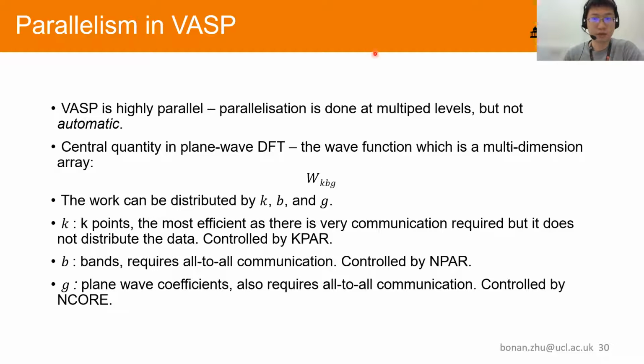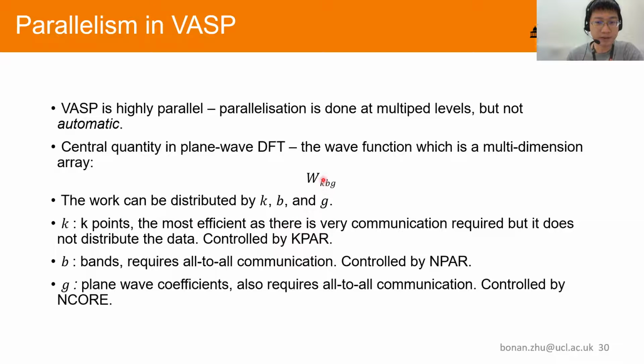The good news is VASP is highly parallel. By highly parallel, I mean parallelization can be done at multiple levels, but this is not automatic, so you have to specify it yourself. The central quantity for plane wave DFT is the wave function, which you can think of as a multi-dimensional array, basically a high-rank tensor.